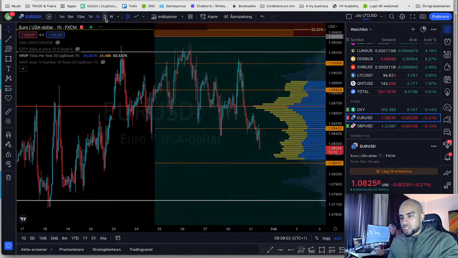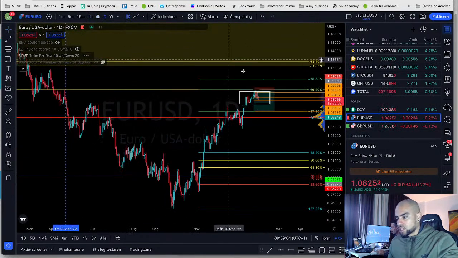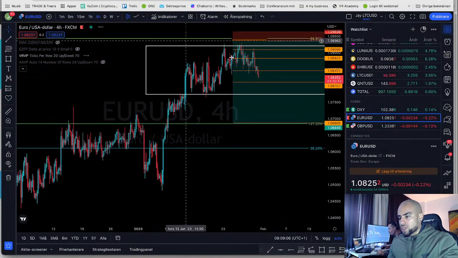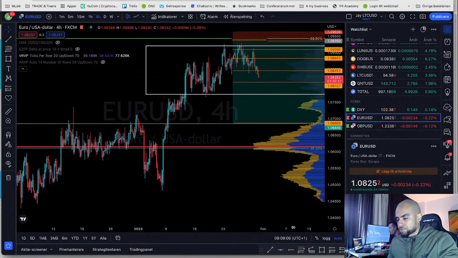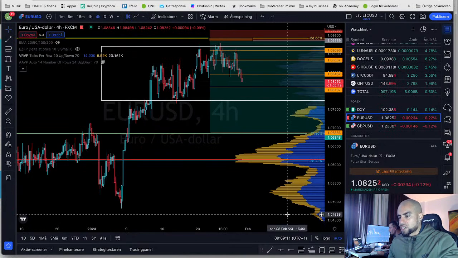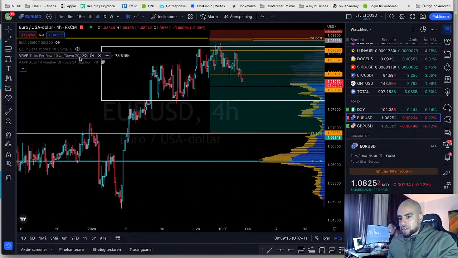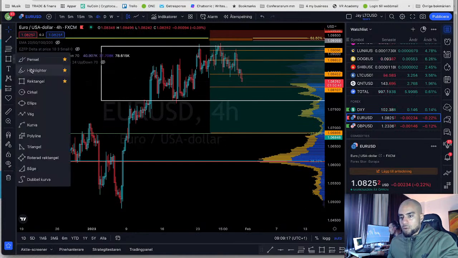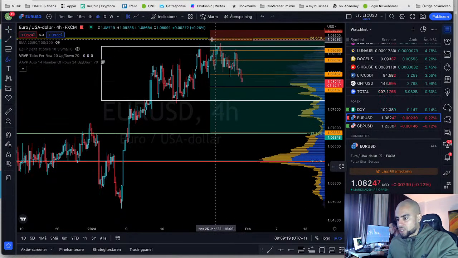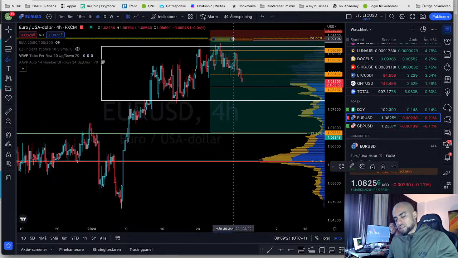So Euro USD has been funny with us because we saw a trade last week, Monday, and it's this trade that you see here. But the problem with that trade is the entry zone is here, and that's me being nice.